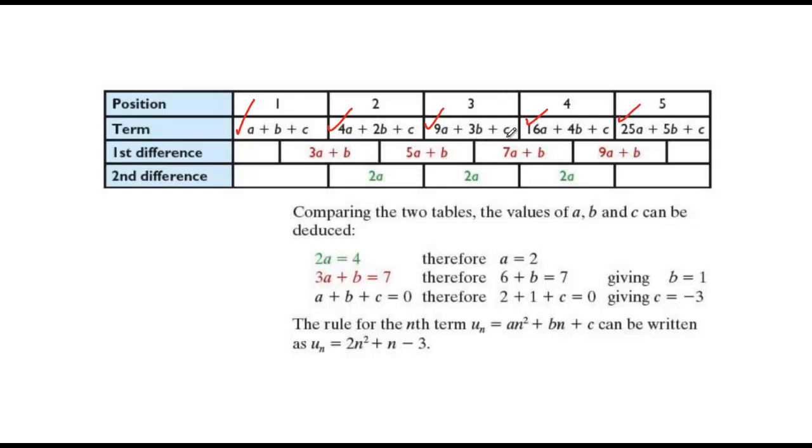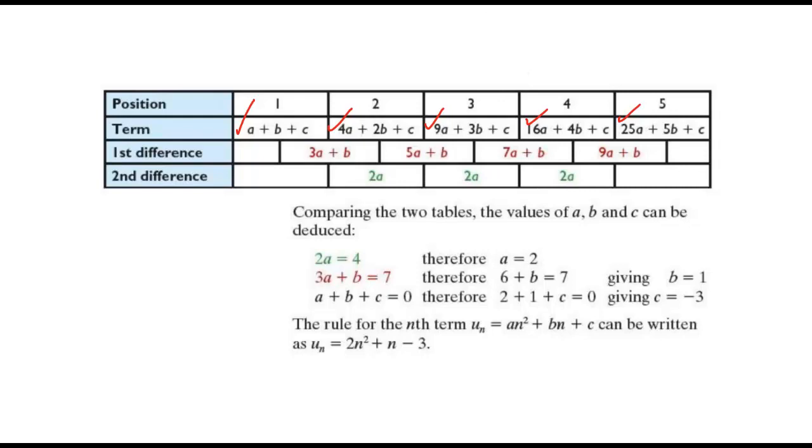In the same way, if we subtract the third from the fourth and the fourth from the fifth, we will get the first difference. To get the second difference, we have to subtract this one from this and this from this, likewise. So we will get the second difference. The second difference is 2a, 2a and 2a, which is constant.